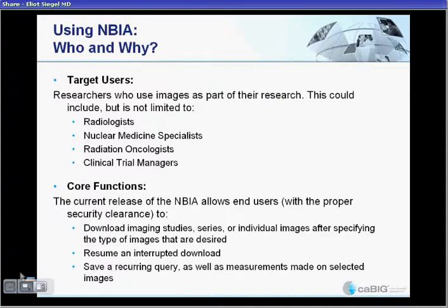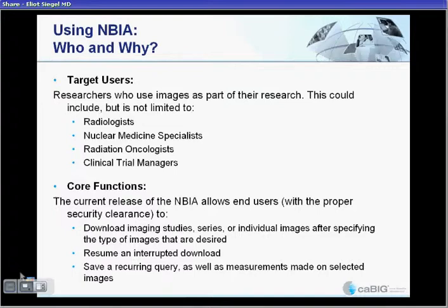It also allows you to do a download, and if it gets interrupted, to resume the download. It also allows you to make a query for a certain type of images that you're interested in, and then in the future you're able to update that query as new images come online on the system. Also, measurements that you make can be saved on the system as well.